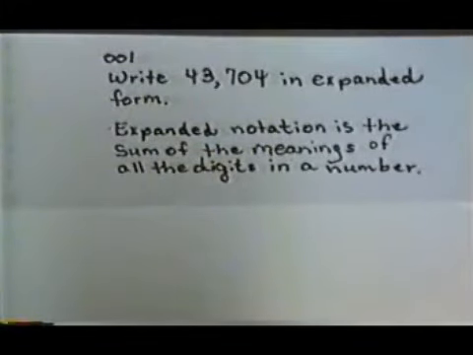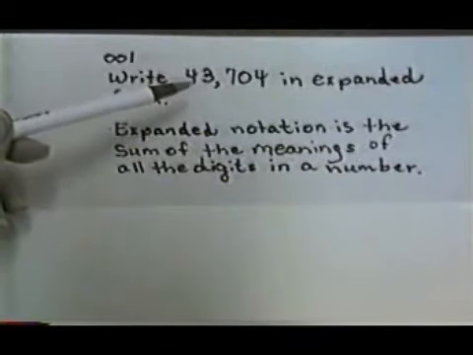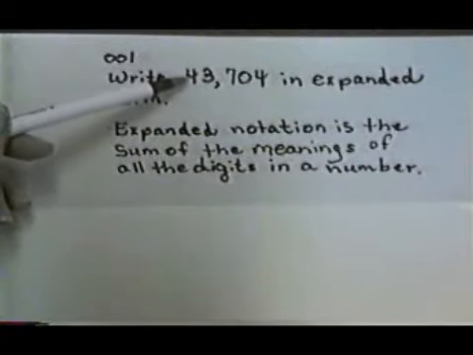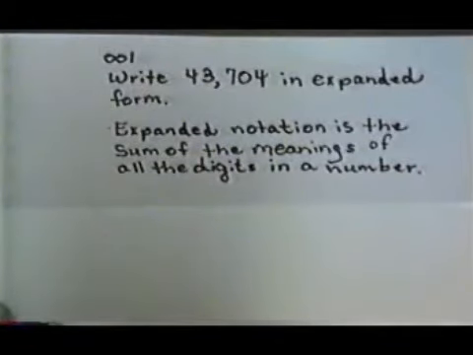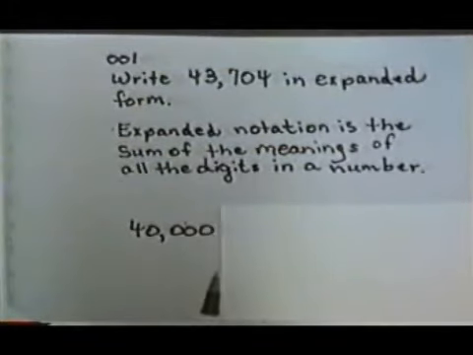So if we started with the 4, it is in the tens place and it's in the thousands group. So we have 4 10,000s, which actually means then that we'd end up having 40,000.